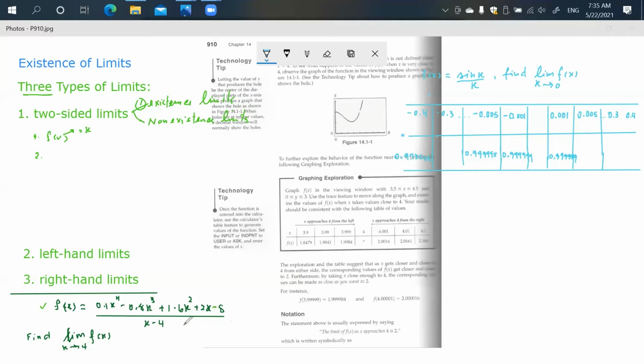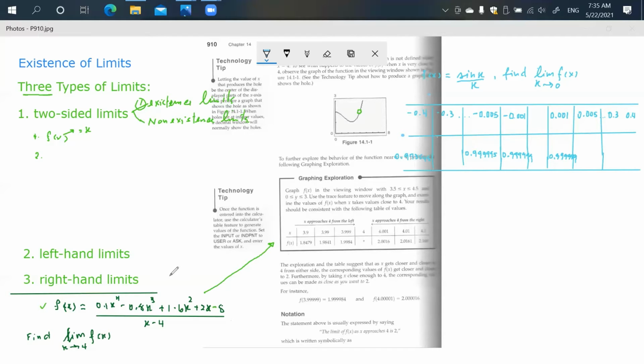This is the previous example, if you remember. The limit exists, and it is equal to 2. When you plot the graph, you're gonna have the open dot here, right? Remember that one?